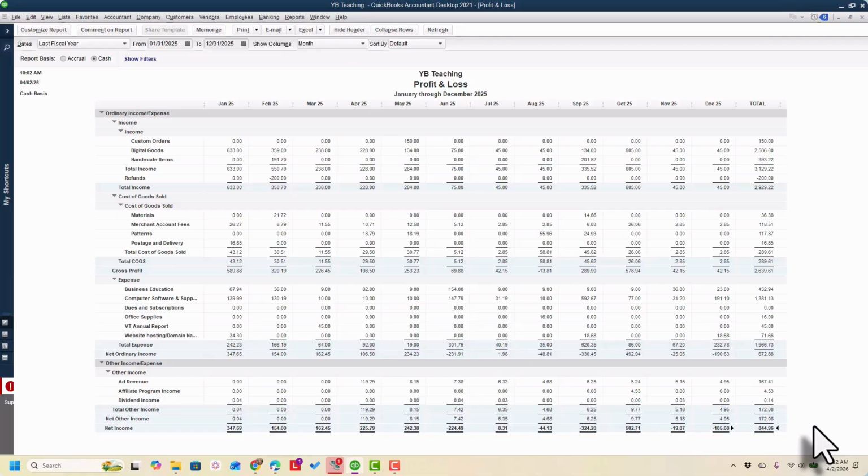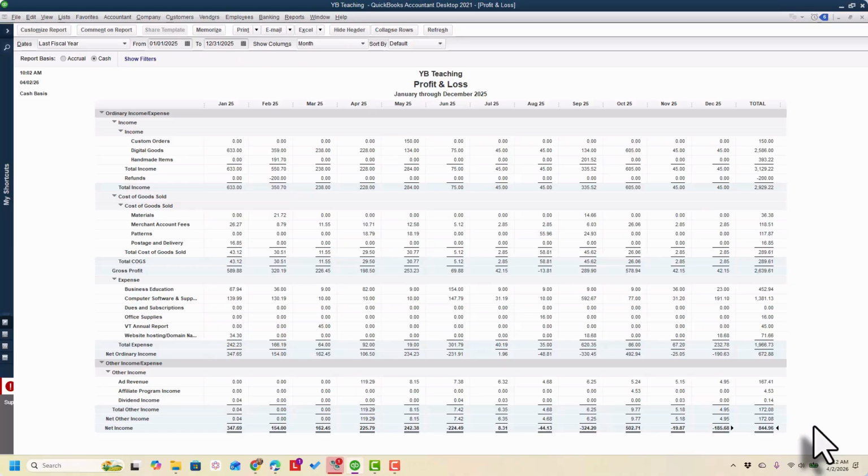There's a fine line between entering numbers and looking at a report and seeing dollars, but there is a big difference.